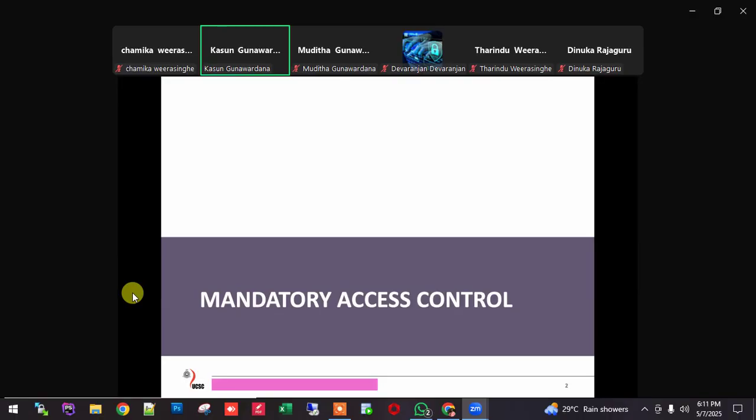But when it comes to mandatory access control, we don't see that model being implemented very often. So it's being used in very specific use cases. Therefore, we are not going to do any practical work related to this. Instead, we will be looking at this whole access control model from a conceptual, or maybe theoretical, point of view.